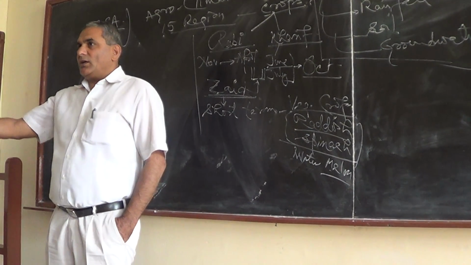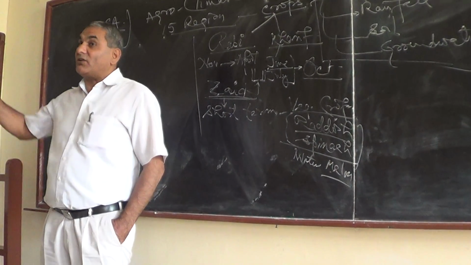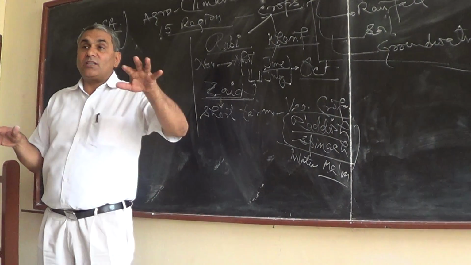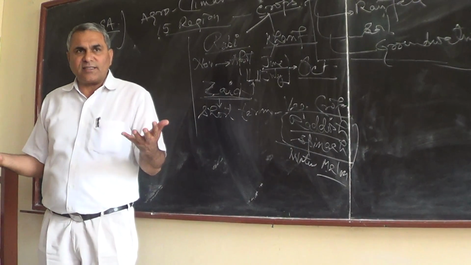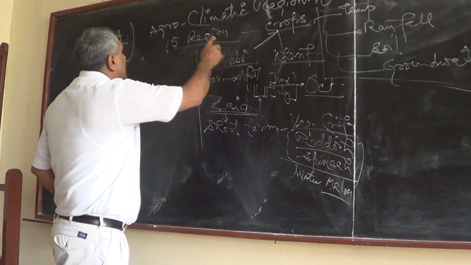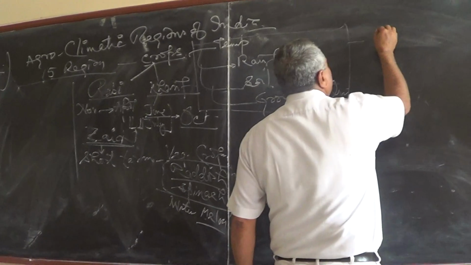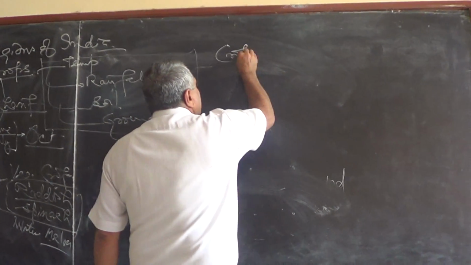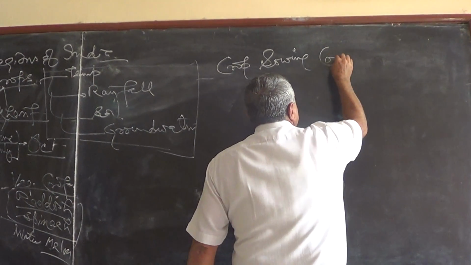But in North India, farmers are harvesting right now. So it means the crop growing season is different in different regions. So these are the parameters which determine the crop sowing conditions.